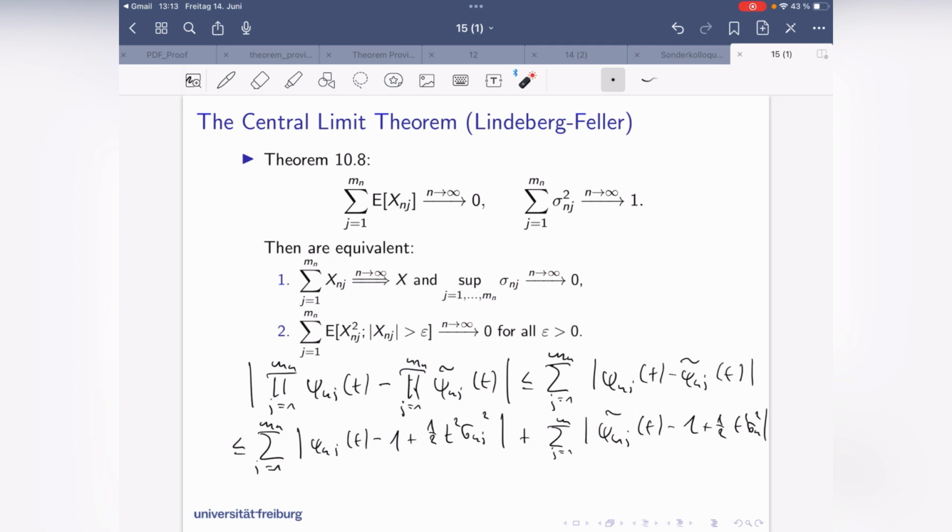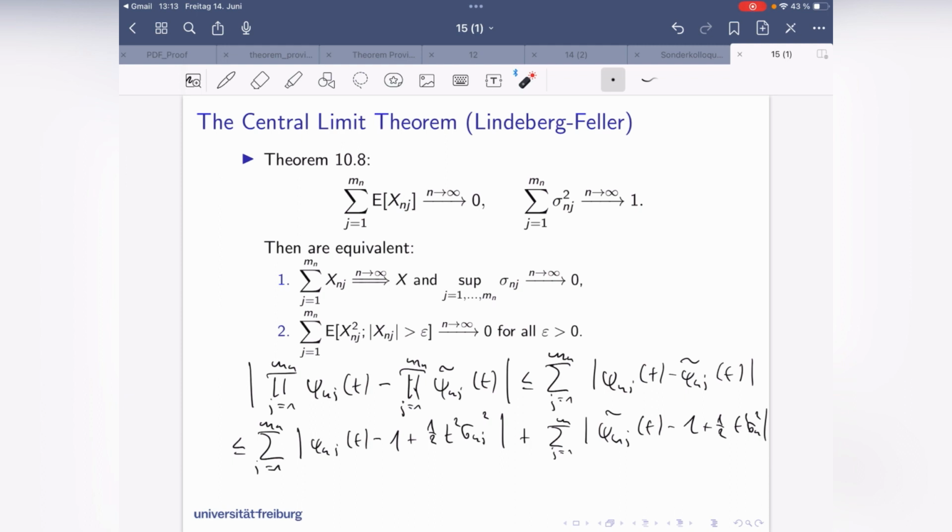So what happened? I wrote minus this thing here plus this thing here, and then I split the absolute value. That's all that happened here. And I'm bounding this from above using the triangle inequality.